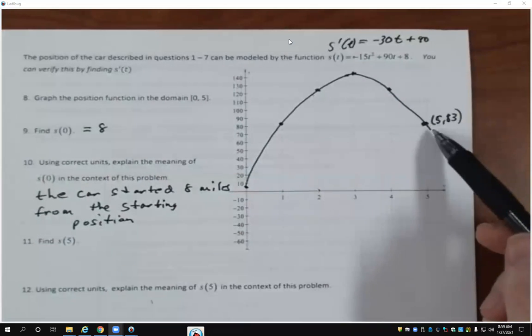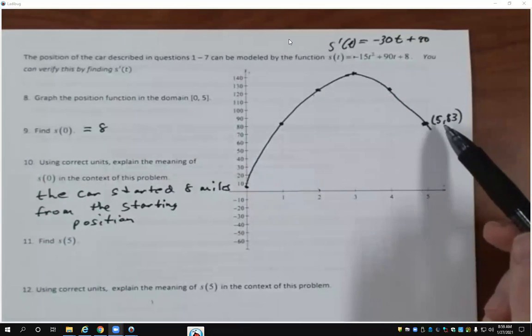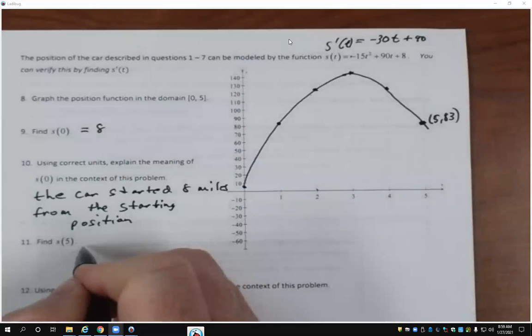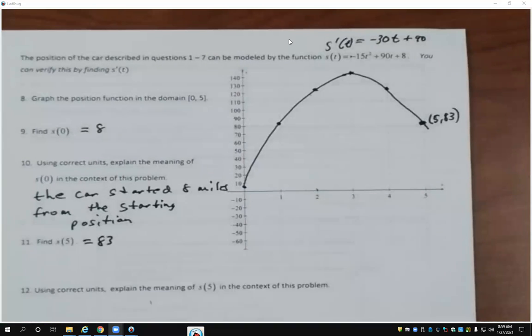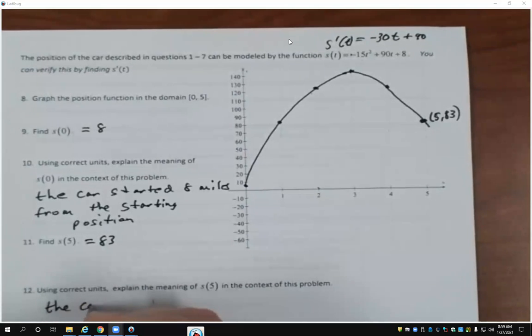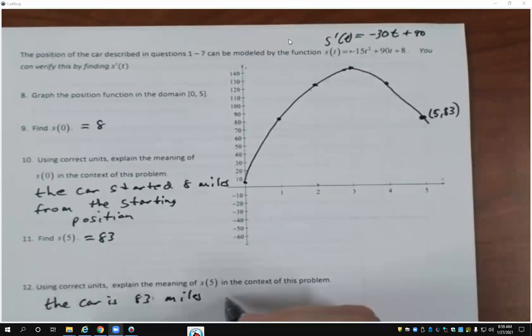We found S of 5 to be 83. Using correct units, the context is that the car is 83 miles from the starting position at time t equals 5.